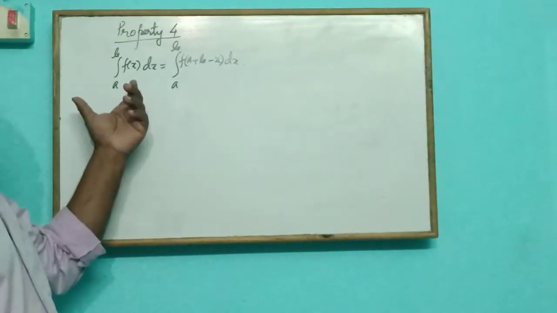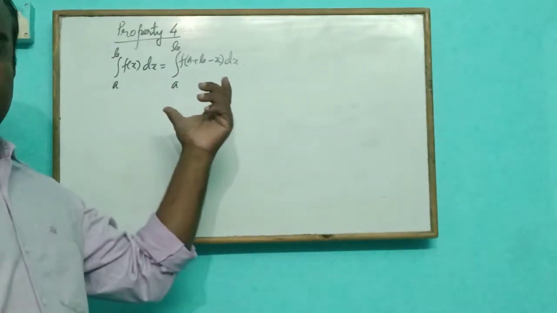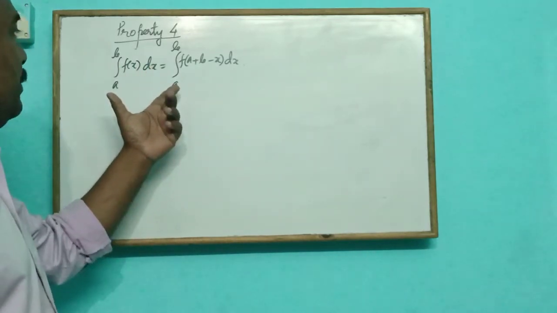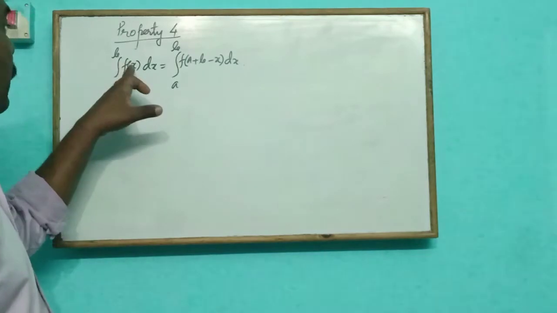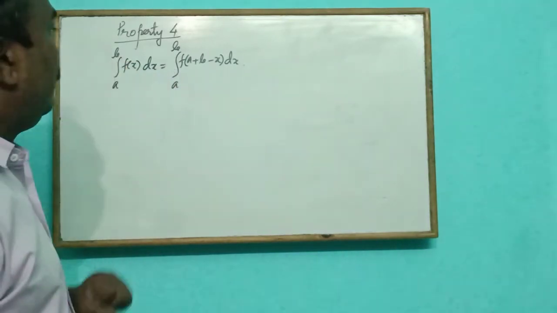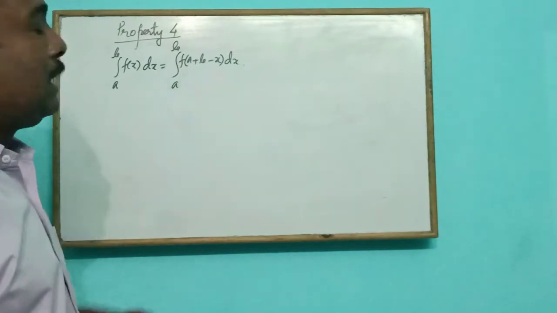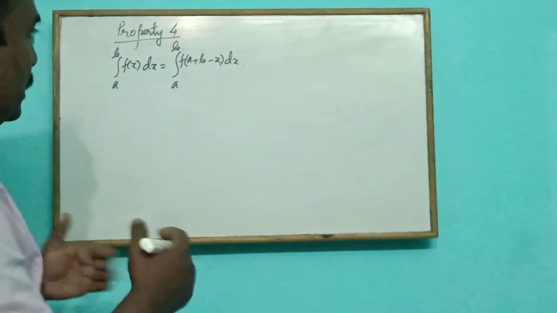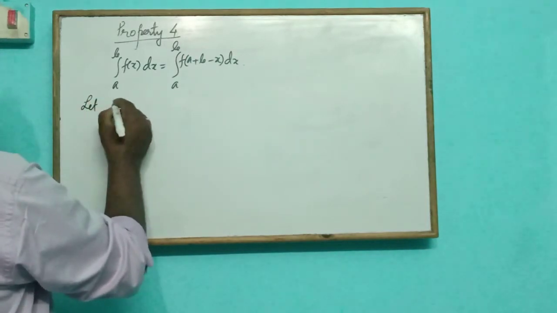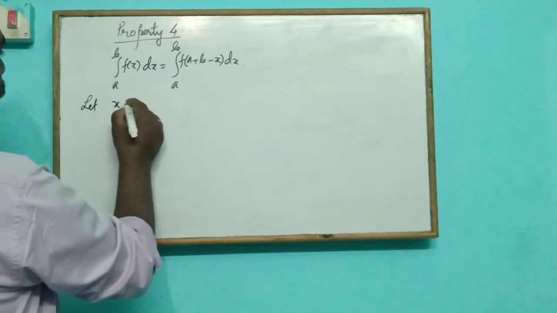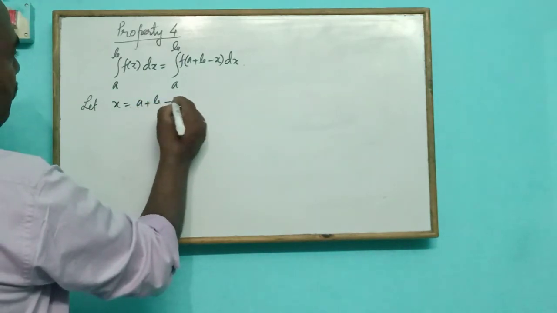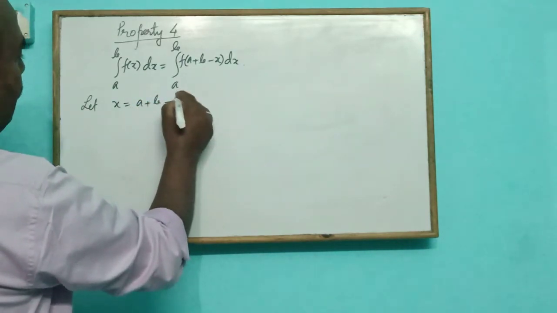That means the integration of f x from a to b dx is the same as the integration from a to b where x is replaced by the sum of the limits minus x, and it gives the same result. Let us understand its proof. Let x is equal to a plus b minus t.